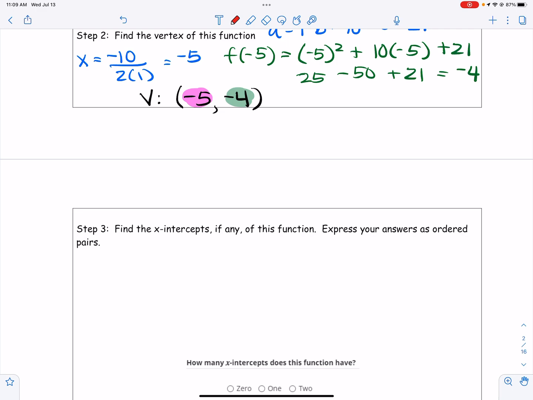Now we're going to find the intercepts. One of the things that you can do is look at a function. If we have a graph, our parabola is going to do one of three things.